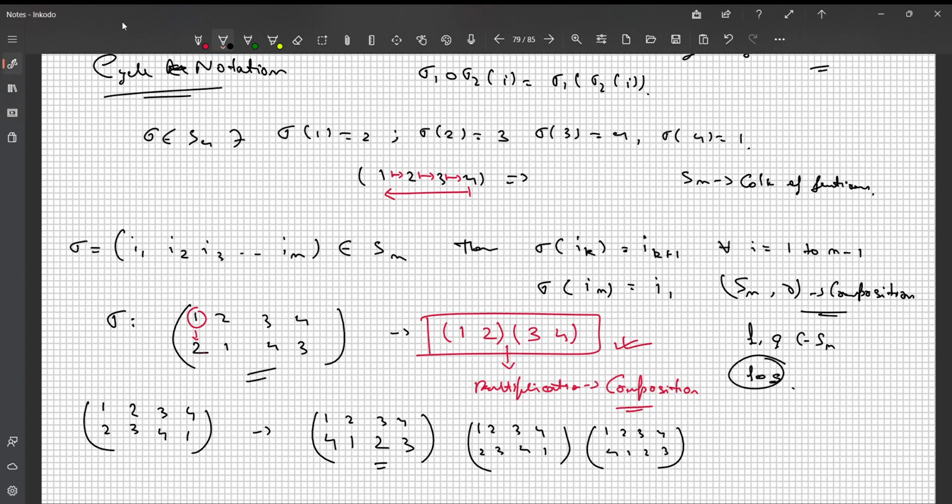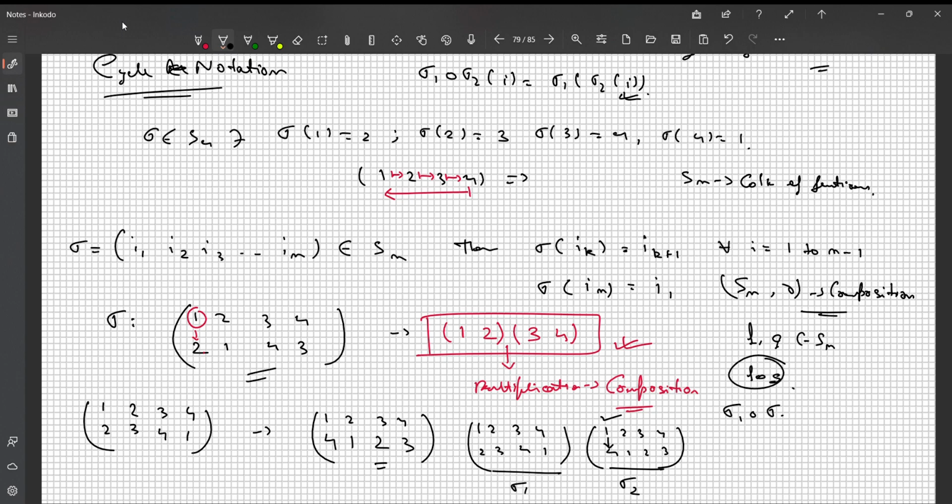Now we know that sigma 1 composed with sigma 2 of some element is nothing but sigma 1 of sigma 2 of that element, right? So this permutation represents sigma 2 and this permutation represents sigma 1. So what is sigma 2 of 1? Obviously we start from the right side, because the composition acts from the right side. So we start with the first element, which is 1. We see that sigma 2 of 1 is 4.